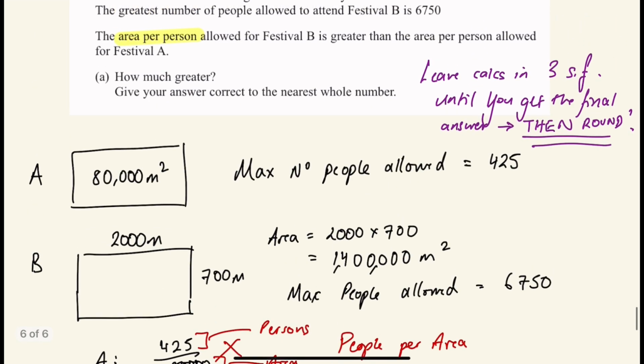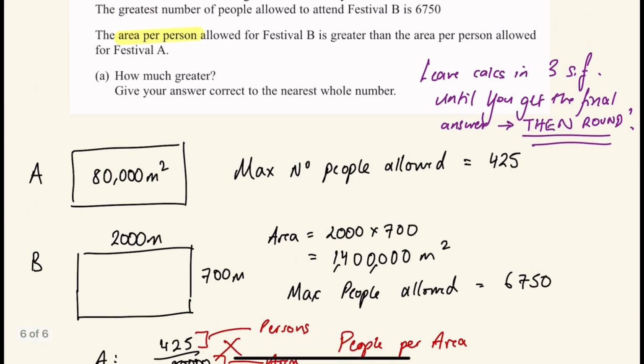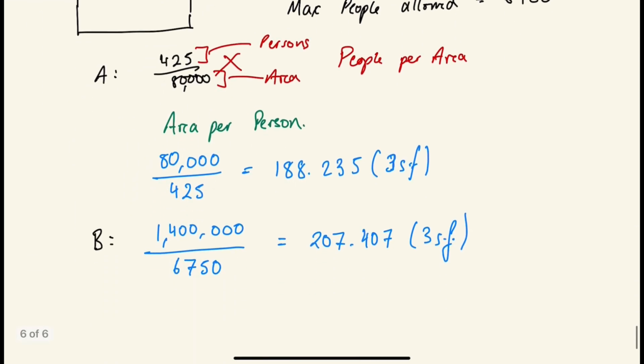Now go back to the question. What's the question asking? How much greater is the area per person allowed for Festival B than Festival A. So this is area per person, just put APP.